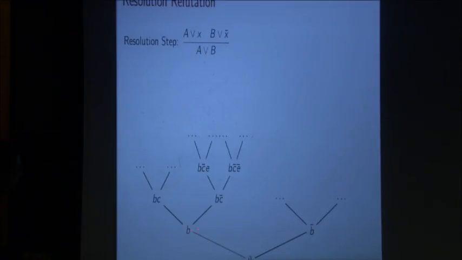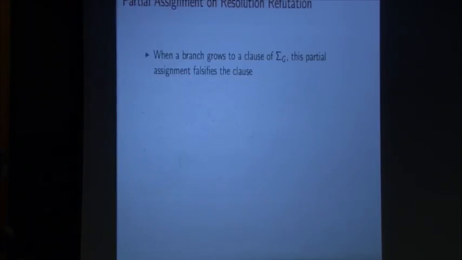Let's say I want to locate a branch here. Then I want to falsify this clause. Then the adversary maintains a partial assignment to falsify this clause. So in other words, to make B false and also to make C true. And keep doing this until you locate the branch in the resolution tree.